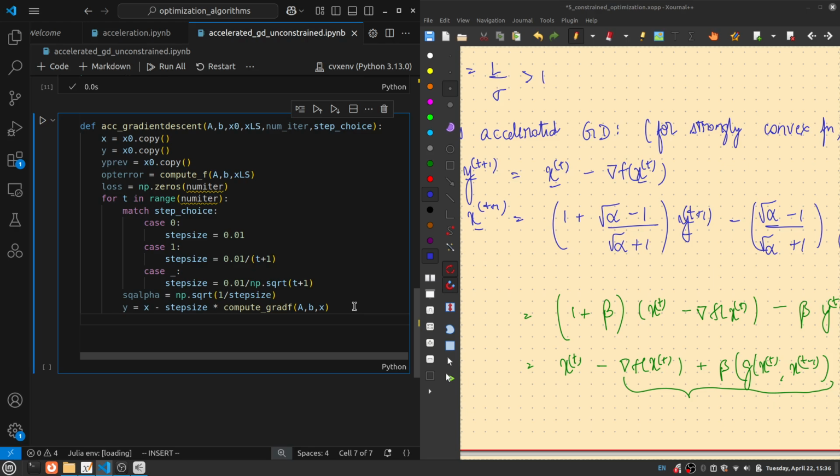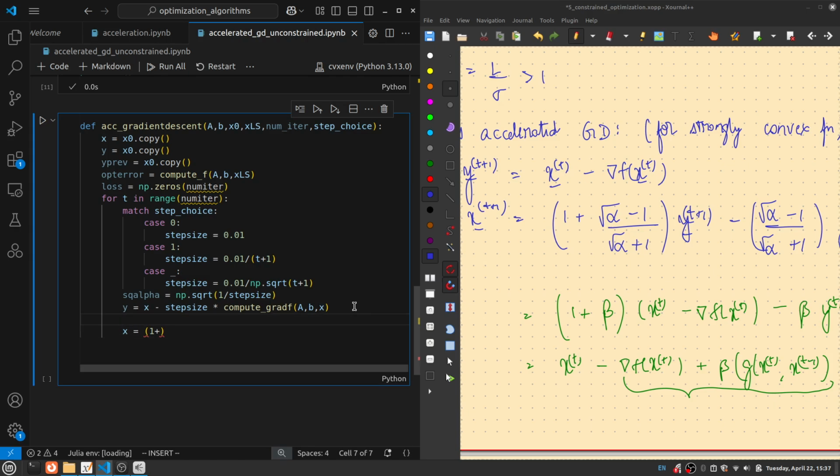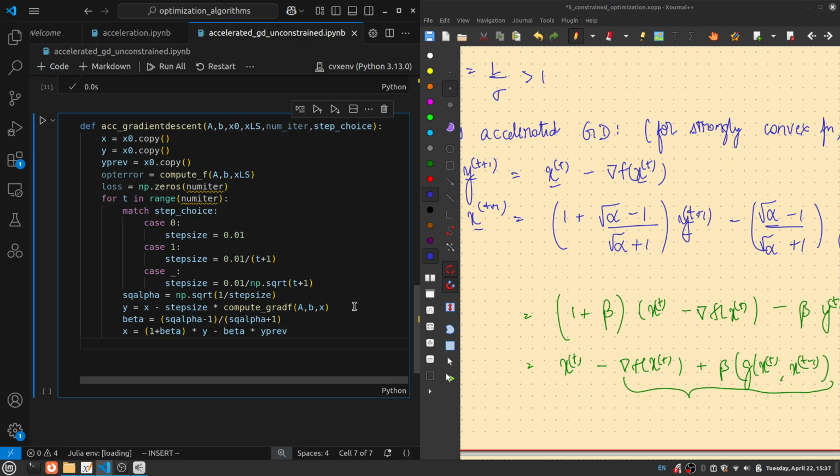I have to update x as 1 plus beta times y minus beta times the previous y, where let me compute beta to be square root of alpha minus 1 divided by square root of alpha plus 1. This is my x.